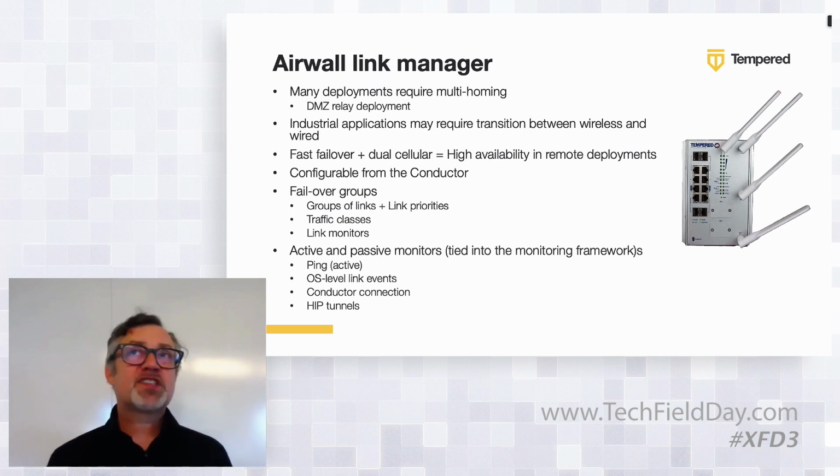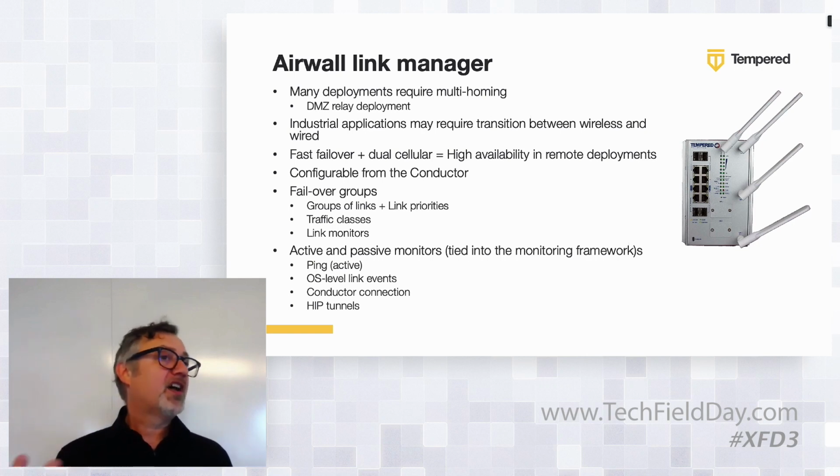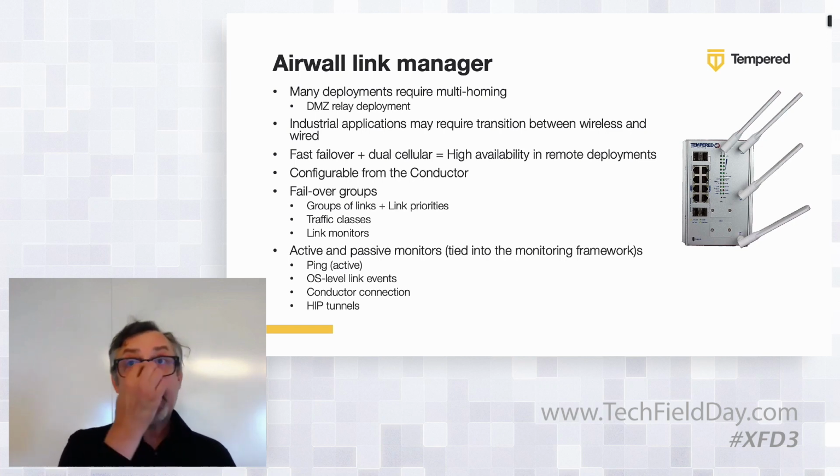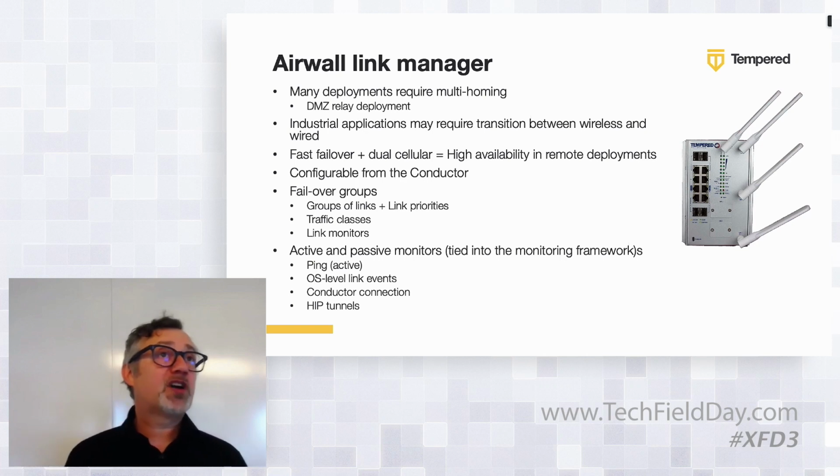So we have air walls where you could have a sort of remote HA configuration, where you have one SIM configured with one carrier, and a failback SIM to talk to a different carrier. And we have software on the air wall that will monitor the network and provide failover.